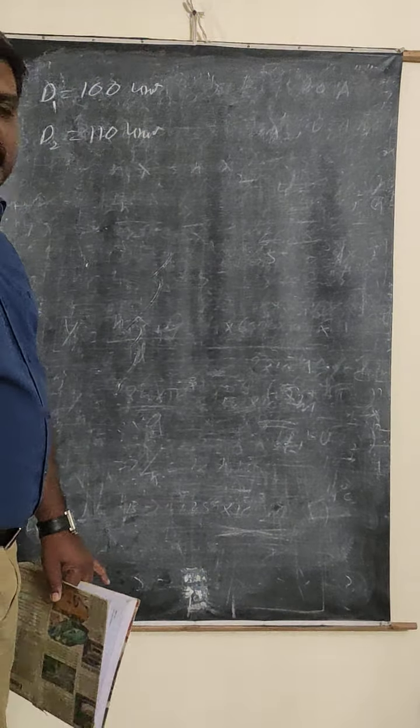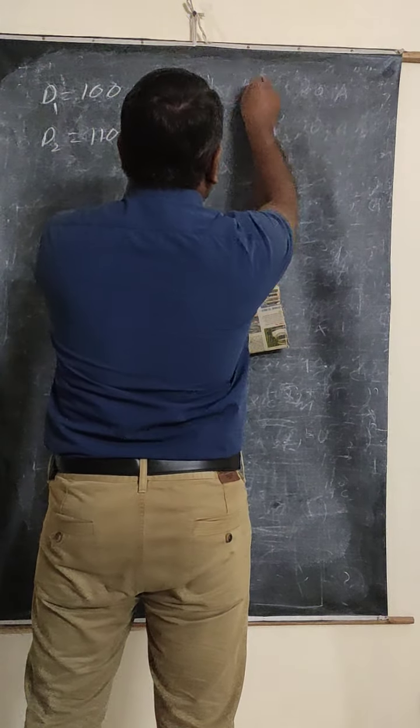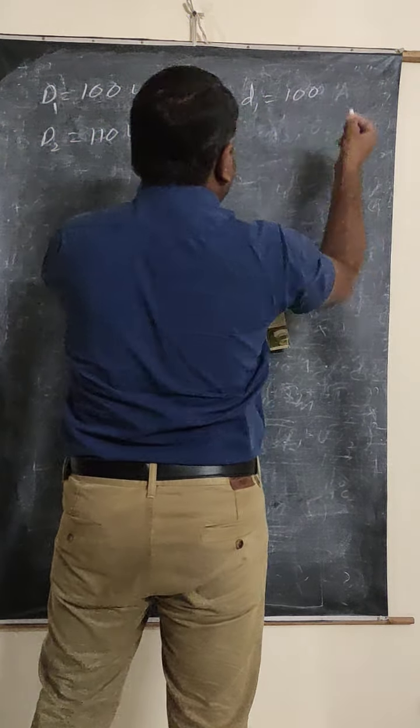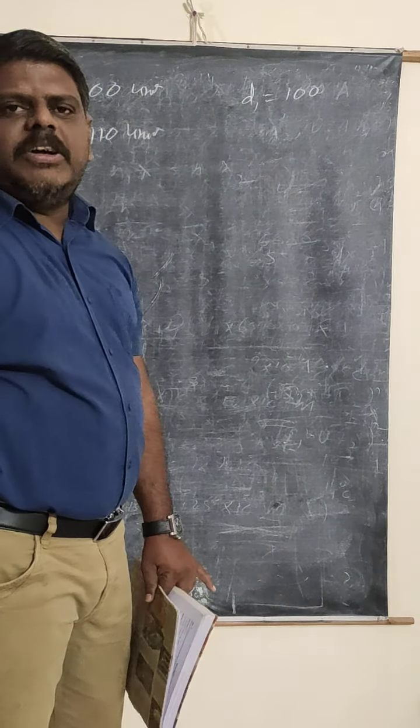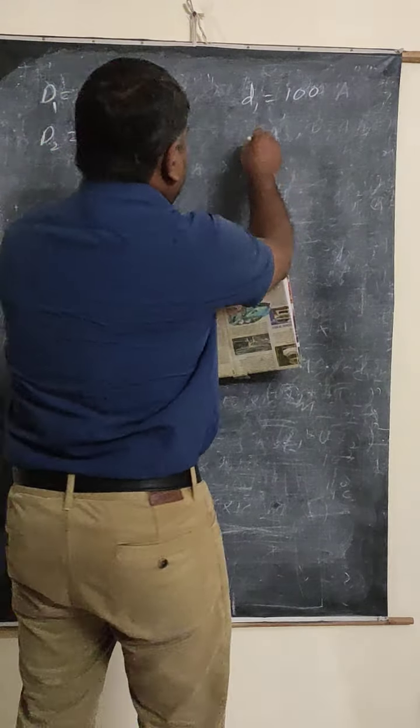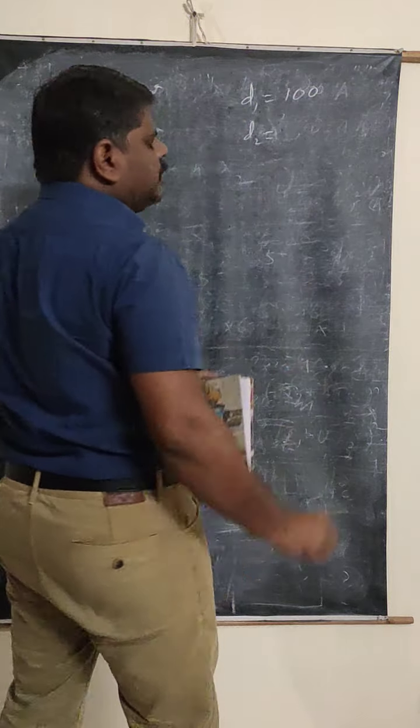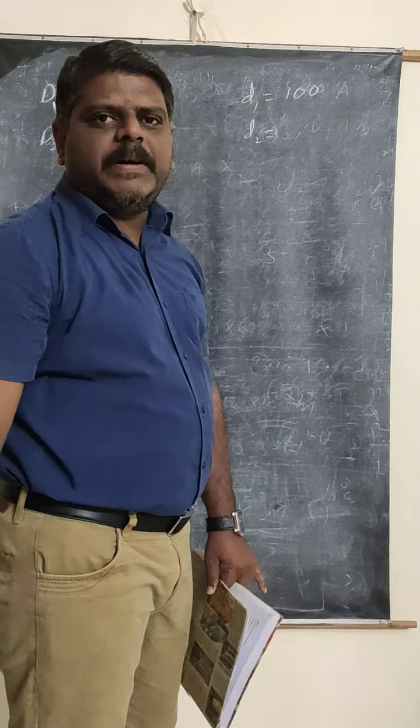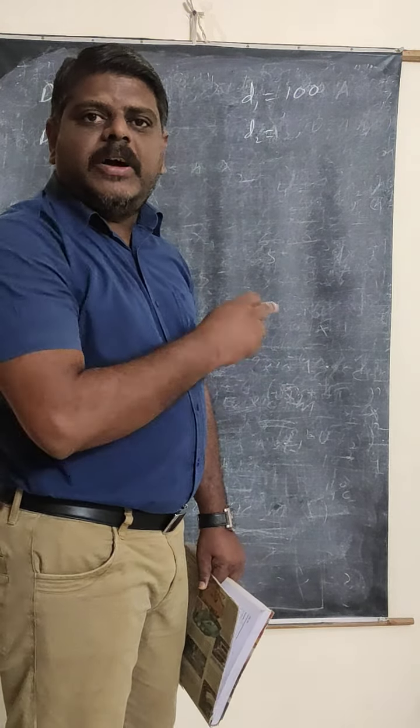Let's go for the small d value, the distance between the slits. Small d1, the initial value, you can take as 100. And the final d2: what is happening to the distance between the slits? It is decreased by 20%, and decreased means you take minus.